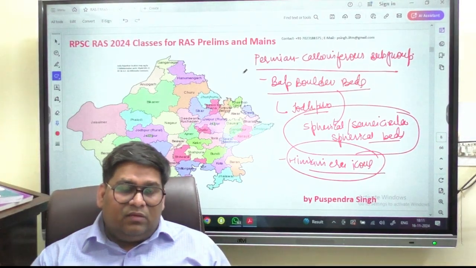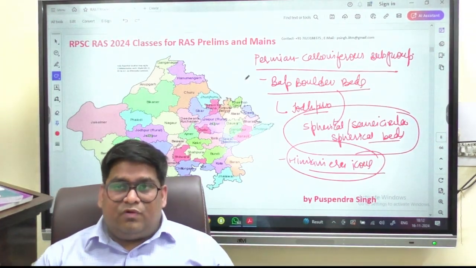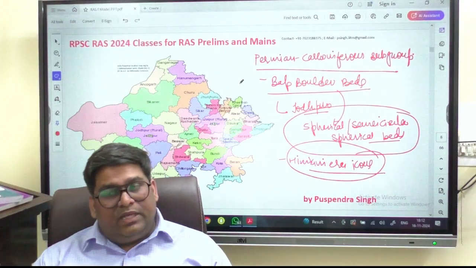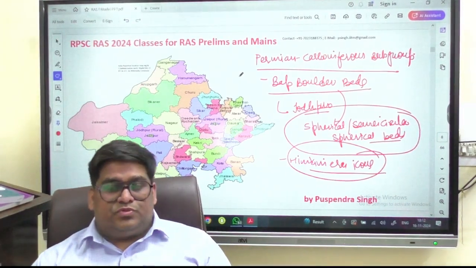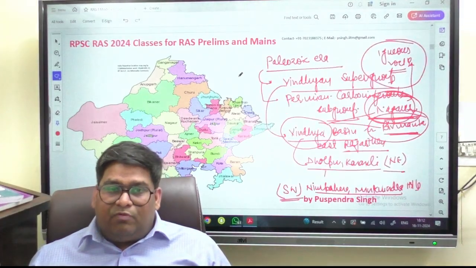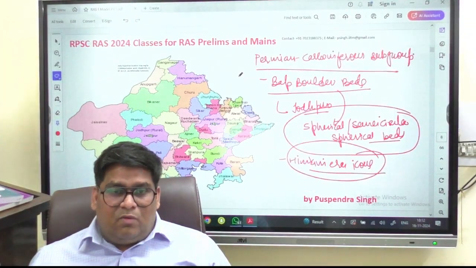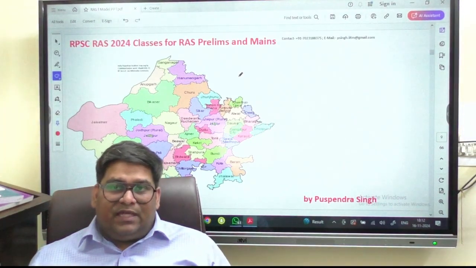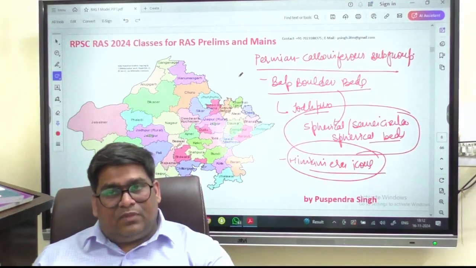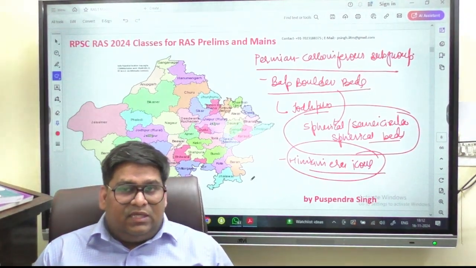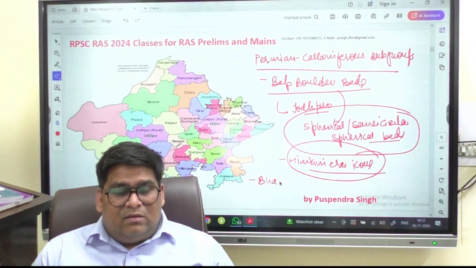So in the previous slide, what we have covered, the Malani igneous groups and Aravali supergroups and Vindhyan subgroups, with the help of that, this type of group is formed.